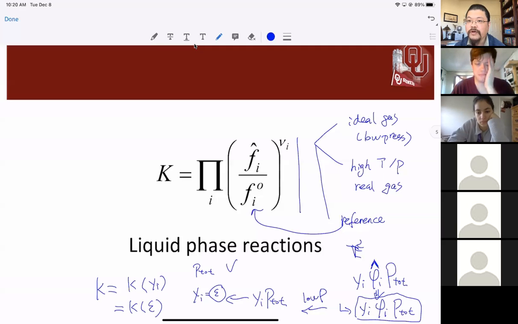If you still feel confused, then my understanding is you have not finished reading all those chapter examples in the reaction equilibrium. Otherwise, you would clearly see what is the pattern of this type of problems. So now, how about liquid phase reaction?